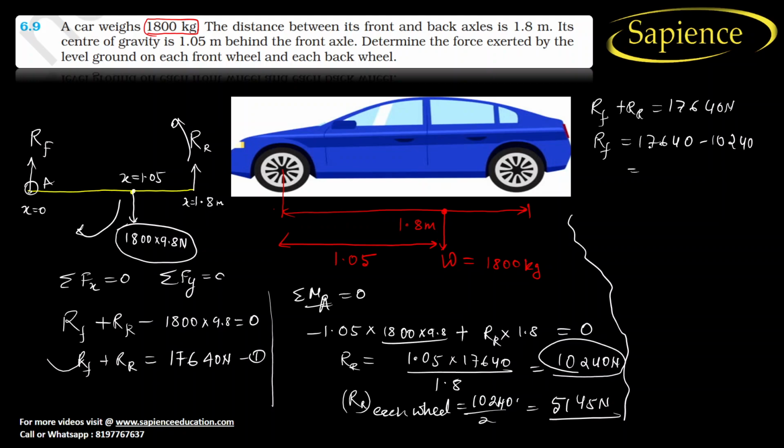So finally we will get 7350 Newton. But we need the reaction force on each wheel, so we have to divide 7350 by 2. So we will finally get 3675 Newton each. So this is the answer.